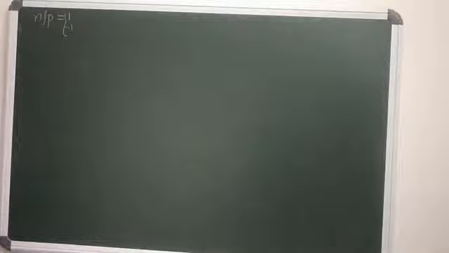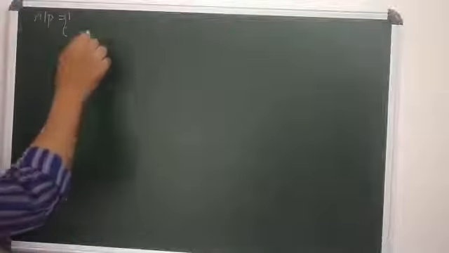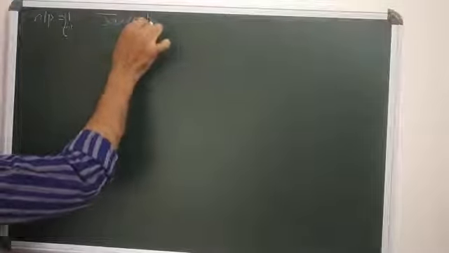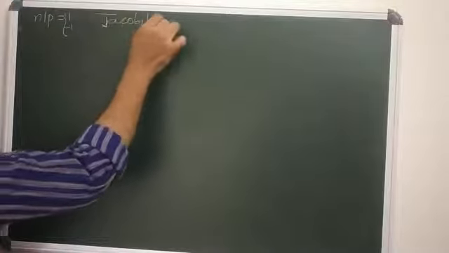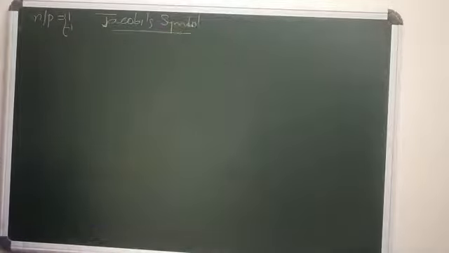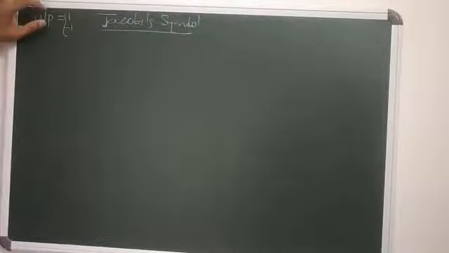In this class, let us discuss another symbol, which is known as the Jacobi symbol. What is the Jacobi symbol? This Jacobi symbol is again defined in terms of the Legendre symbol. For the Legendre symbol, we choose p an odd prime and n incongruent to 0 mod p.